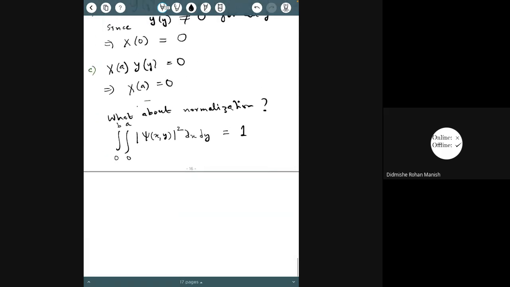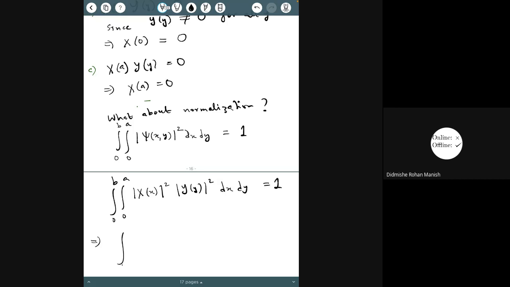Now, if I write the psi as a product, separable, then I get mod X square times mod Y square equal to 1.